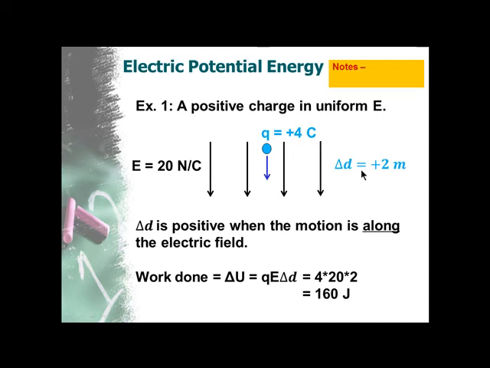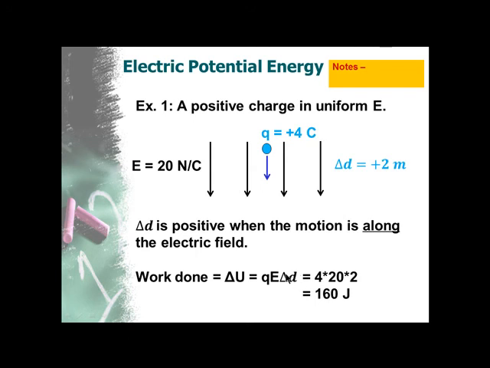Because the amount of work done, and I'm going to point you down here first, the amount of work that this electric field does on this charge Q is delta U, the change in potential energy, which is equal to Q times E times its change in displacement along the electric field.